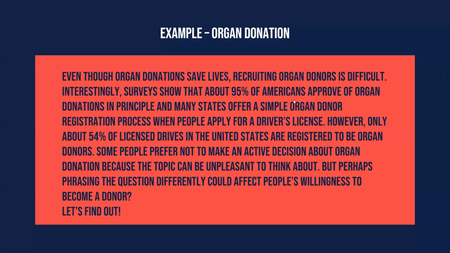Surveys say that about 95% of Americans approve of organ donation in principle, and many states have a simple organ donation registration process. You guys were right, I think Pamela said this, that you apply through your driver's license. However, only 54% nationally of licensed drivers in the United States are registered to be organ donors.